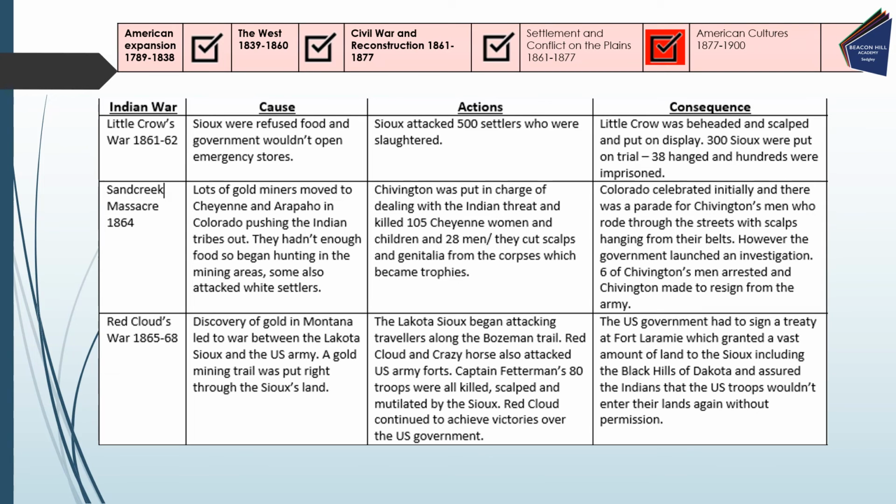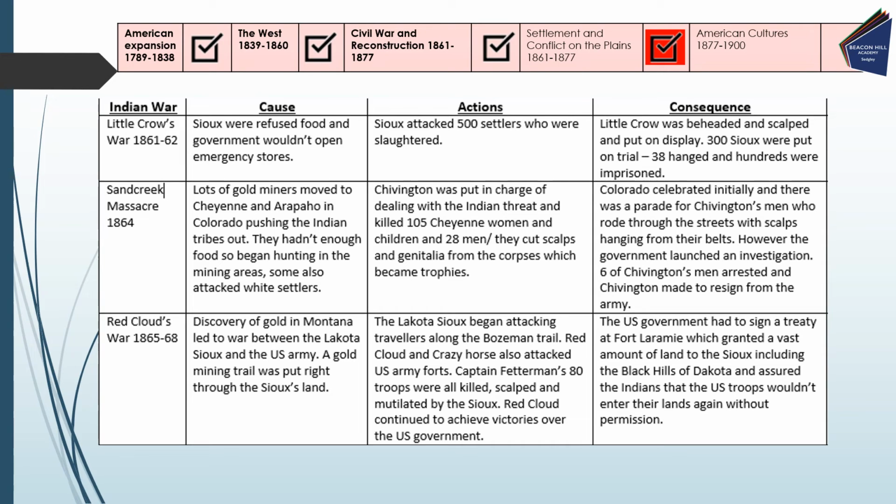We then have Red Cloud's War between 1865 and 1868. This was due to the discovery of gold in Montana, and it led to a war between the Lakota Sioux and the US Army. A gold mining trail had been put right through the Sioux land. Remember, we've spoken about the fact that these tribes are nomadic, so this was obviously limiting the room that the buffalo had.